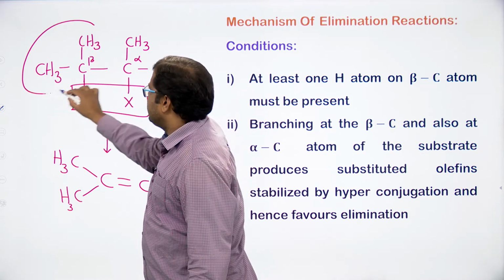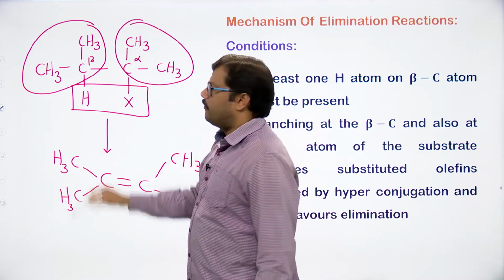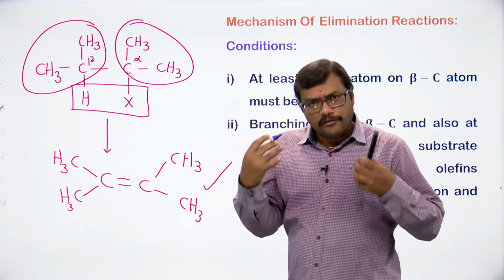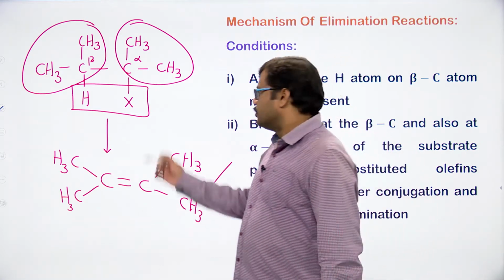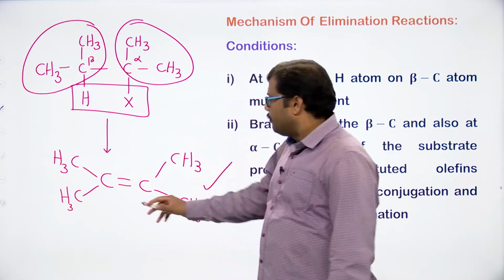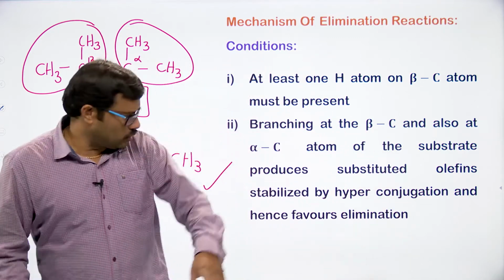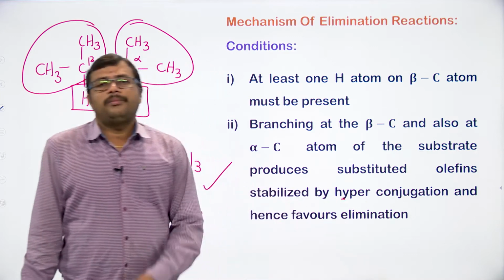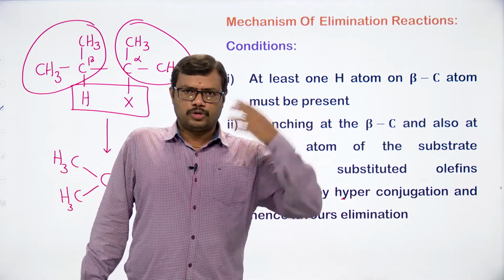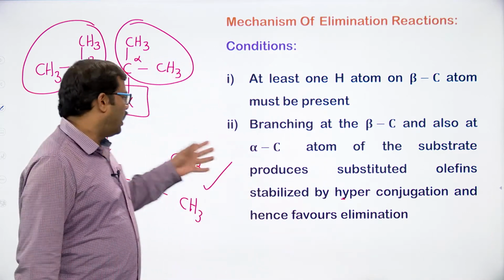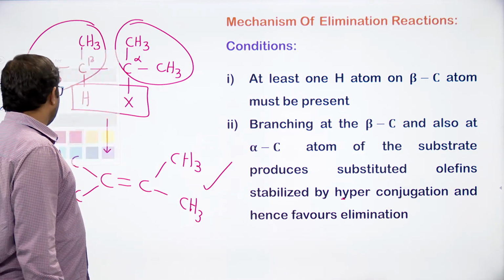The branching present at the beta carbon atom, and also at the alpha carbon atom, always favors, drives the elimination reaction. Elimination takes place easily because the product we get is a substituted alkene. A substituted alkene is stabilized by hyperconjugation. The more hyperconjugated structures, the more stability. So a substituted alkene is more stable, and automatically we get a highly substituted alkene in this case.